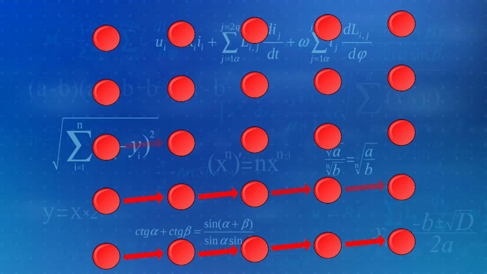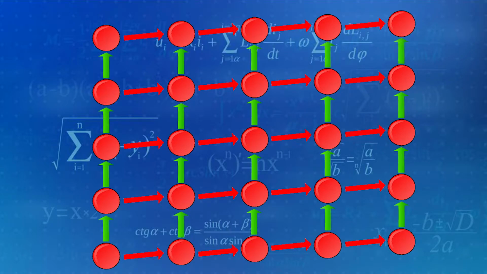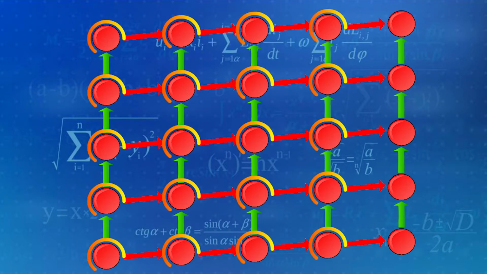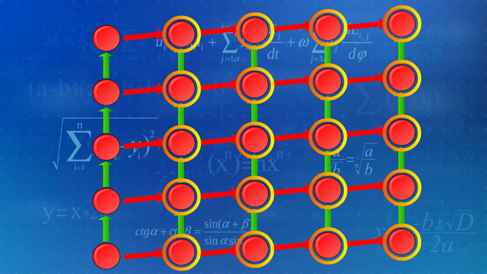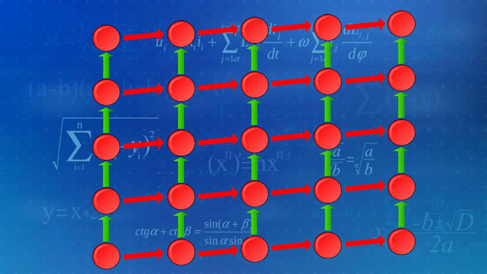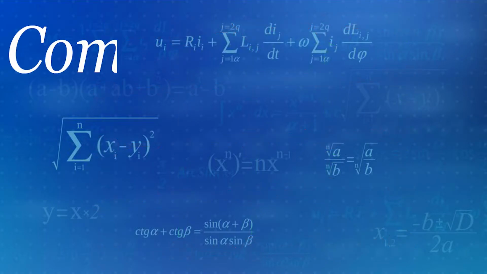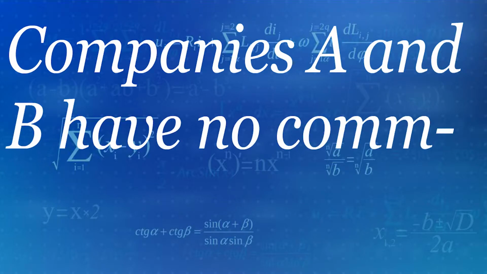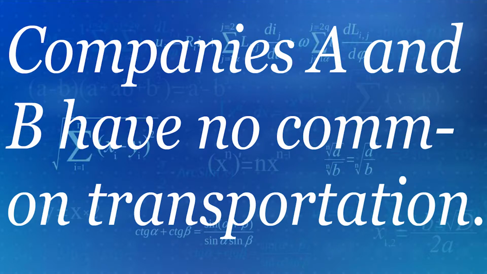Let the red and the green segments be the cables of the first and the second companies, respectively. We observe that each starting point which is located higher also finishes higher, and thus our construction is valid. We also observe that in this case, companies A and B have no common transportation.